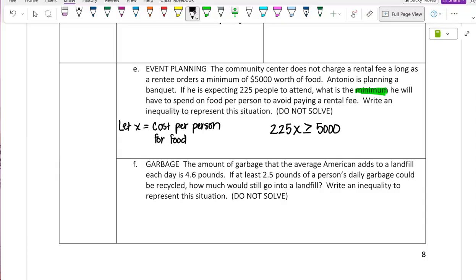All right, garbage. The amount of garbage that the average American adds to a landfill each day is 4.6 pounds. If at least 2.5 pounds of a person's daily garbage could be recycled, how much would still go into the landfill? So 4.6 pounds is the average. It could be less than that.